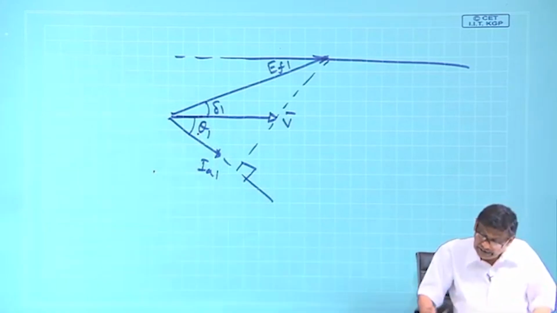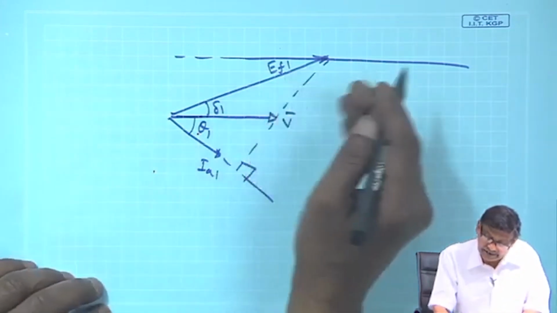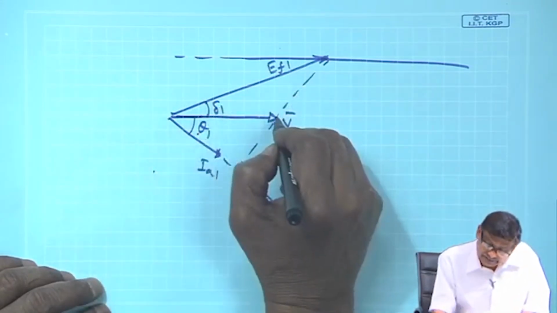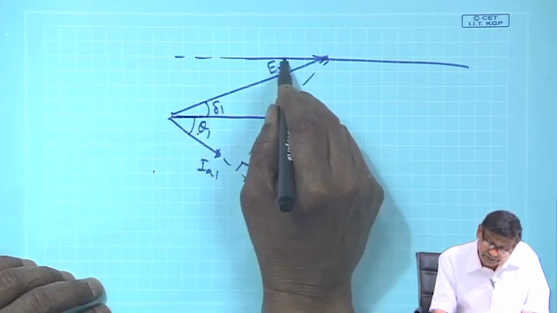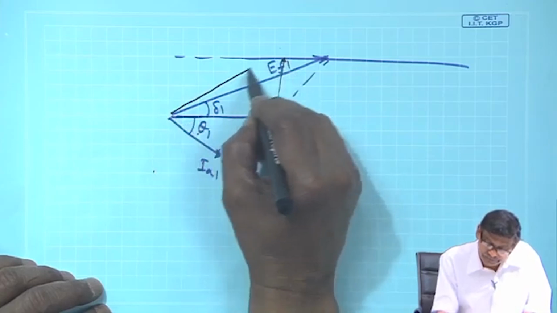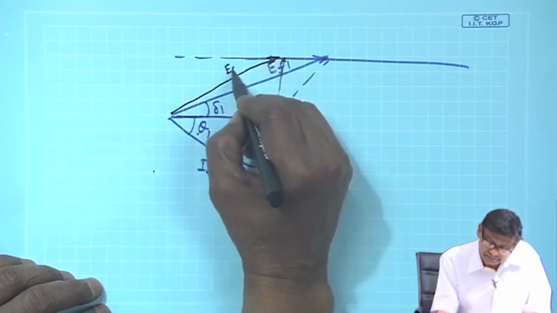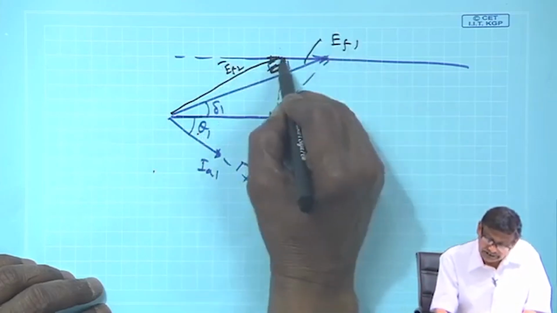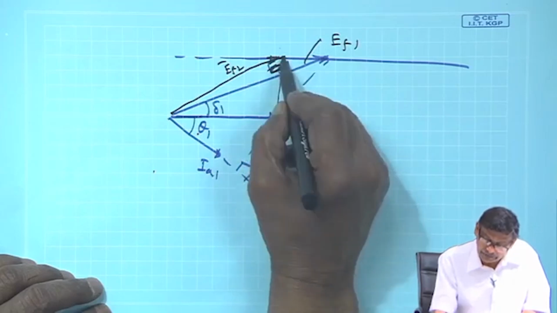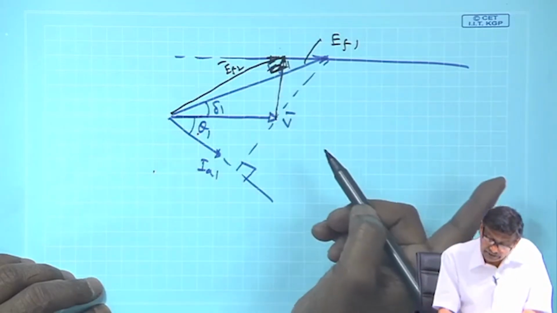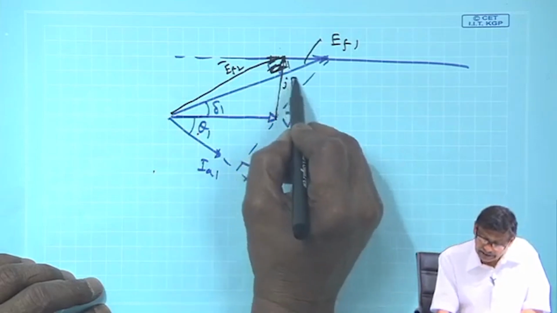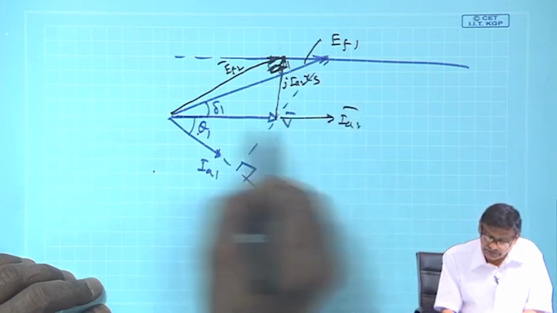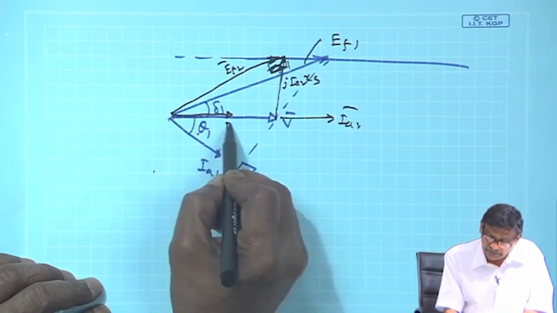Now, it is a lagging power factor, so reduce the excitation such that here is your E f2, perpendicular to V. Then where is your I a? This becomes j I a2 x s, and this will be the direction of I a2, in phase with V, and this will be I a2.